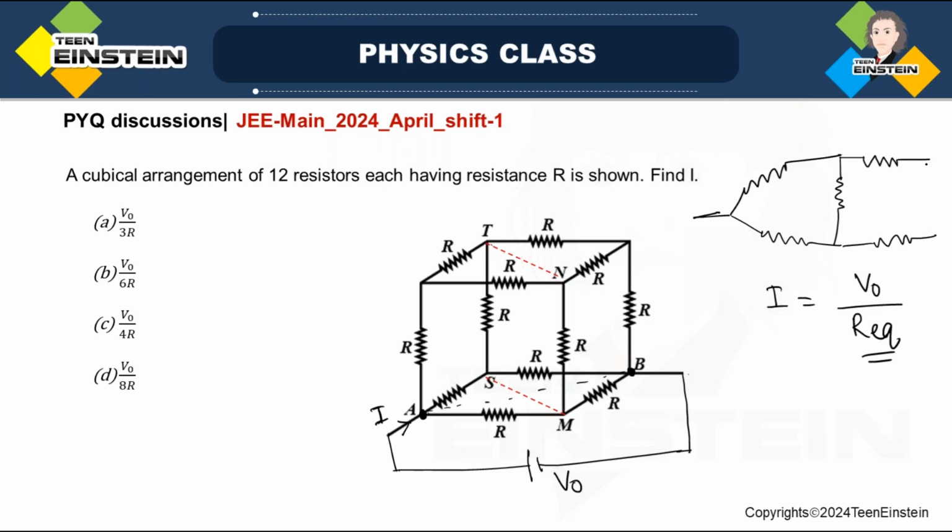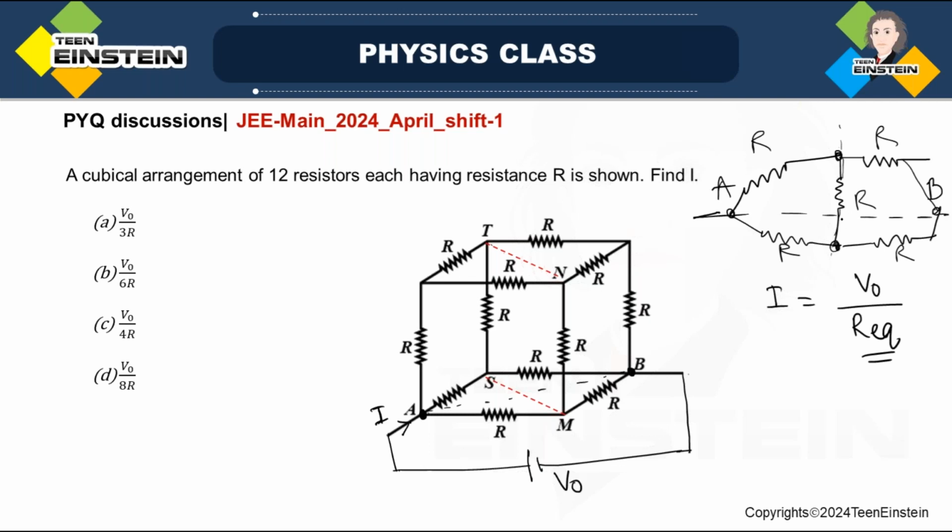All resistances are identical, R. So what is the equivalent resistance between these 2 points? Since these are all identical, I can pass a mirror perpendicular to the line joining A and B.